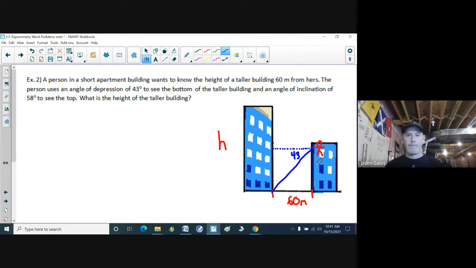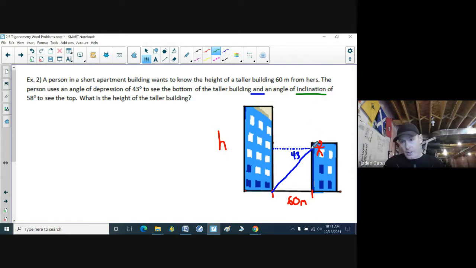43 right there. Now, and an angle of inclination. There's a different word. Inclination refers to an incline. And when you're going on an incline, you're looking upwards. Decline, declination, you'd be looking down, decline. But incline means up, looking up.